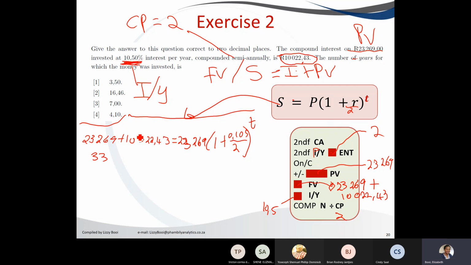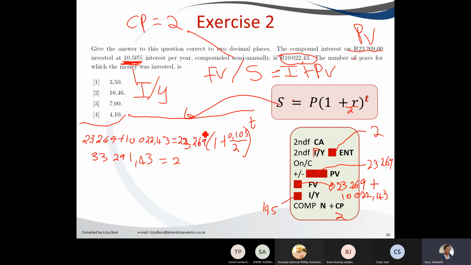This side, we can also just multiply what is inside the bracket with what is outside. 10.5 divided by 100 equals 0.105, divided by the compounding period we get 0.0525, plus 1 we get 1.0525, and then we multiply that answer by what is outside the bracket, which is 23,269.